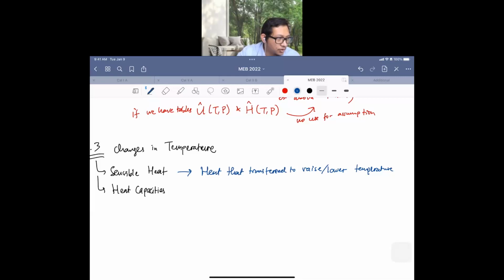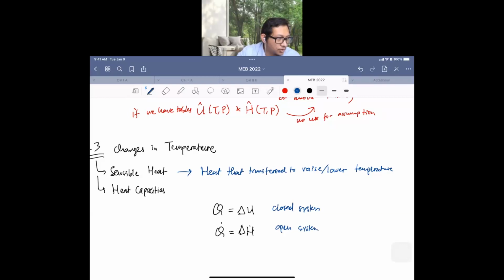And we know the heat from our two approaches for the closed and open system. So this is closed, this is open, right?